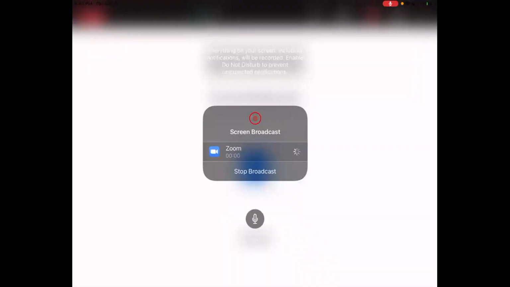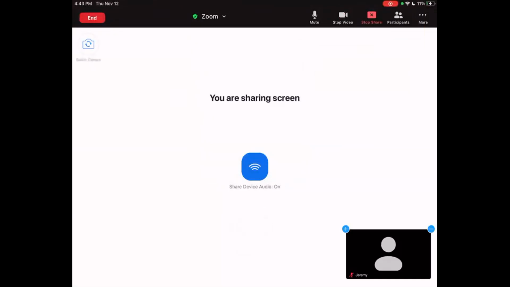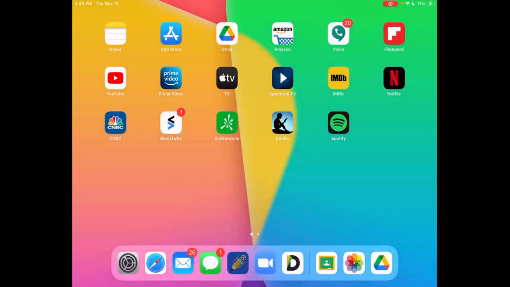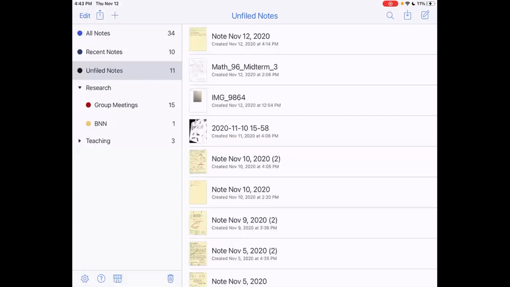And then I go to Zoom, admit more people, and okay, share content, share screen, start broadcast. Okay. Hopefully, let me know if it falls apart again.